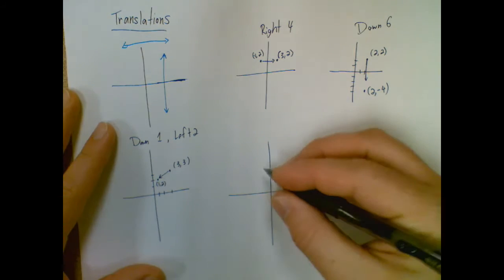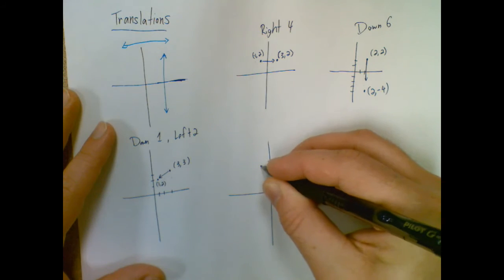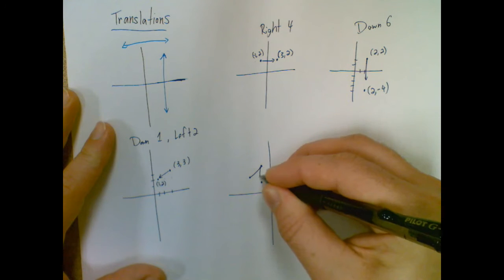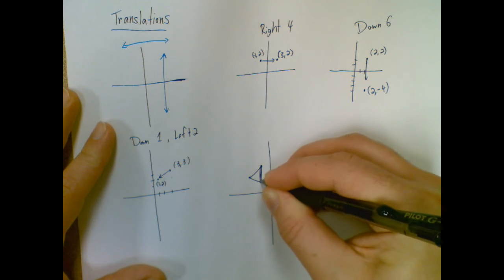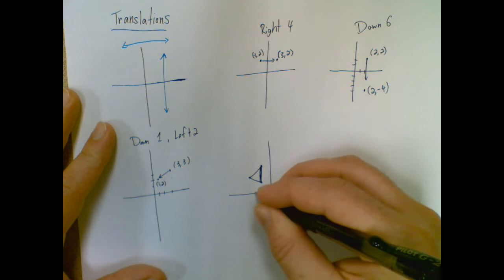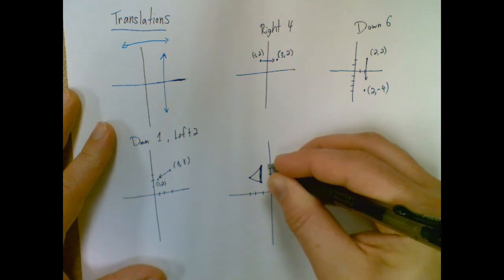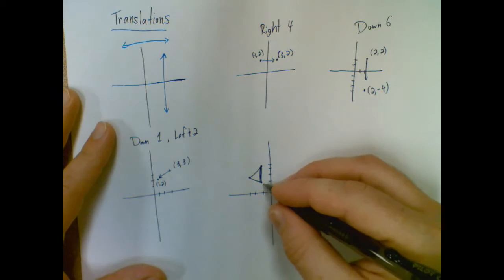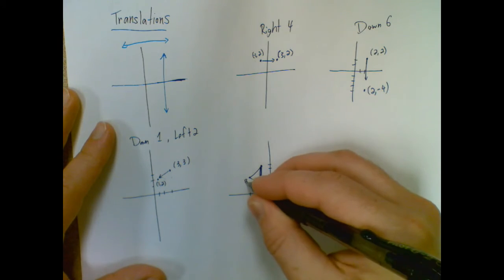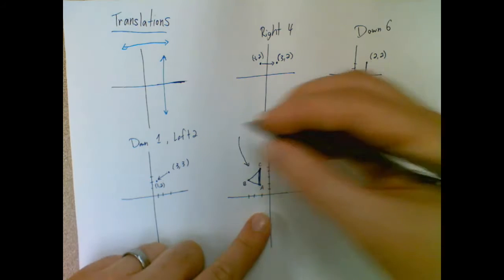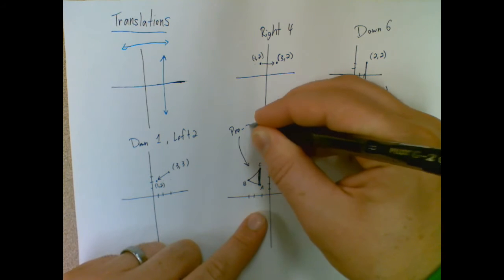Okay, so maybe we'll go with one of our classic ones and take a triangle. Okay, so if I have a triangle here, let's say, some things here. So my coordinates, and I'll call this A, B, and C. This shape, by the way, since it's before I'm moving it, is known as the pre-image.